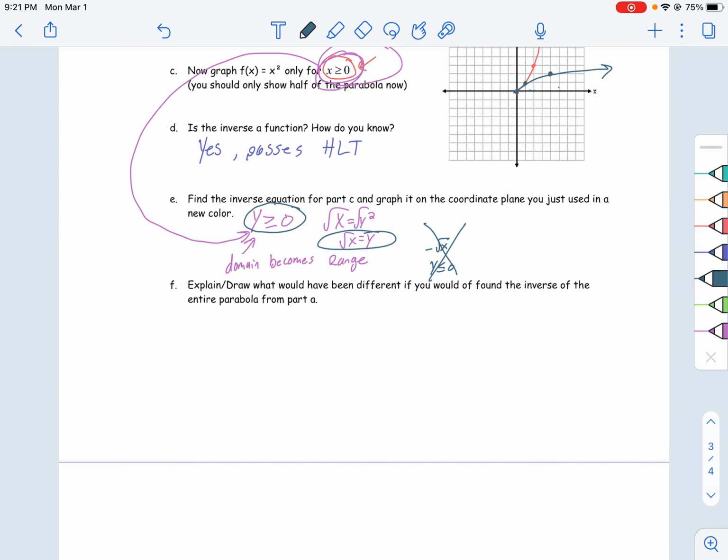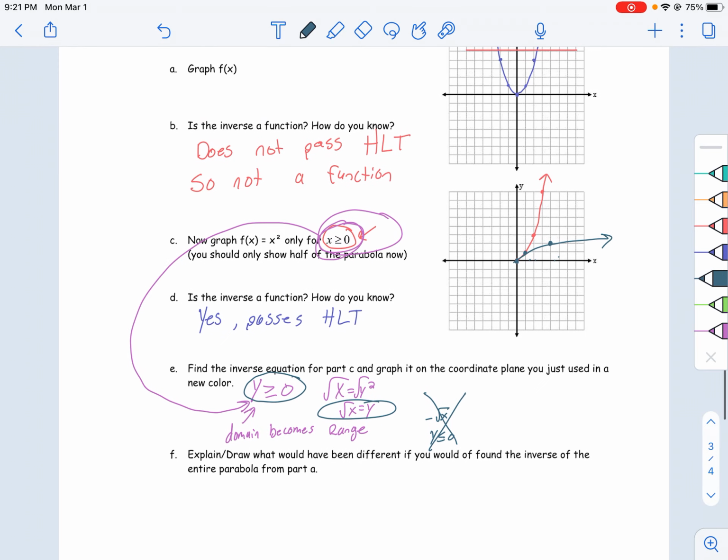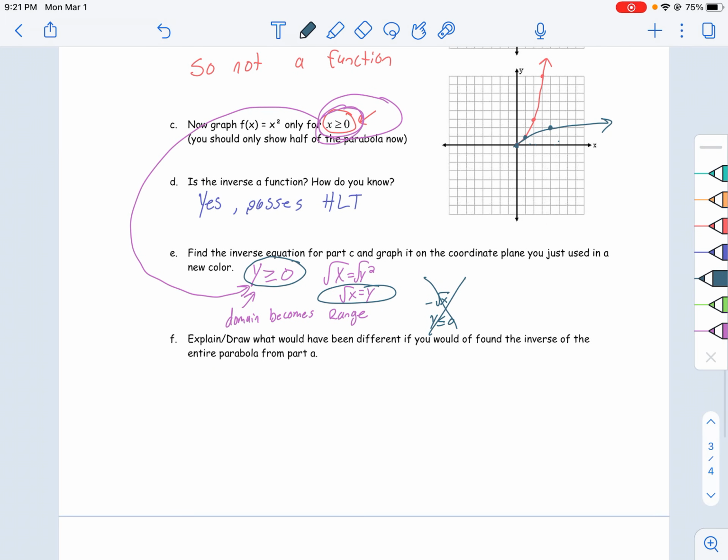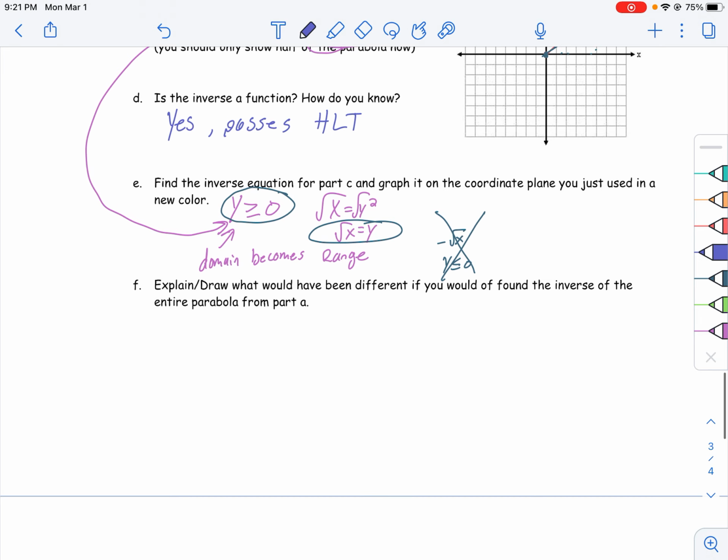Explain or draw what would have been different if you would have found the inverse of the entire parabola from part A, right? So the difference is, if we would have found the inverse of the entire parabola, then when we wrote that square root of x is equal to y, we would have had to put plus or minus, and then you would draw the top half and the bottom half, right?